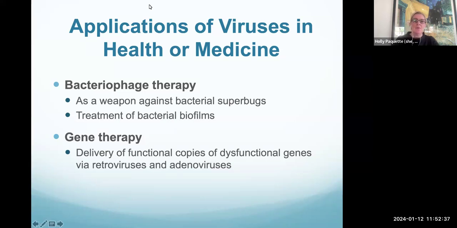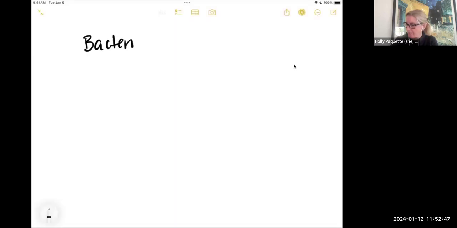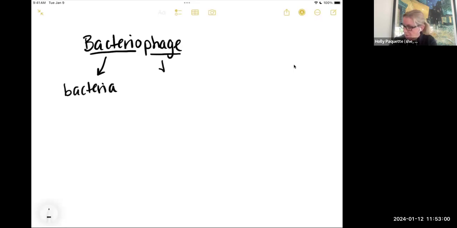And I'm going to jump over to my whiteboard to write out what a bacteriophage is, so you have that vocabulary word. So a bacteriophage, and I want to break that down. Bacterio refers to bacteria, and phage means to eat.